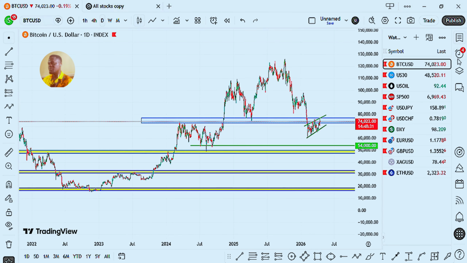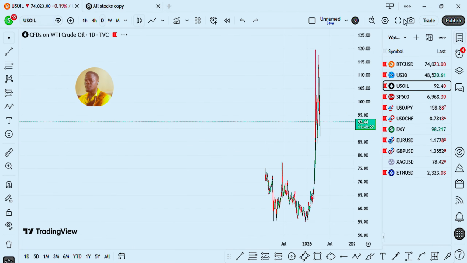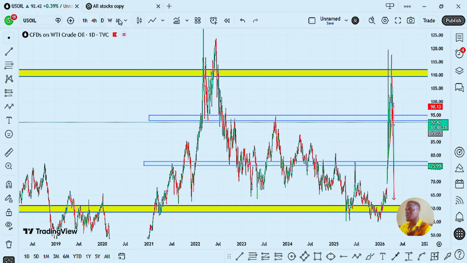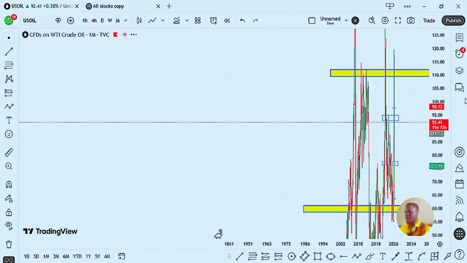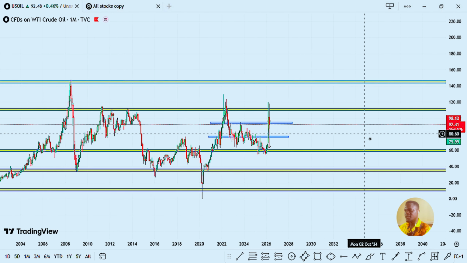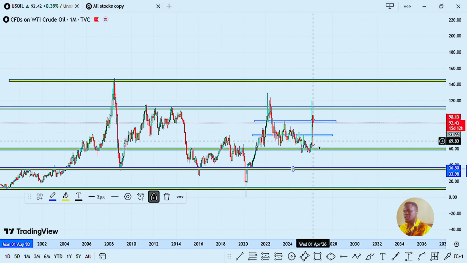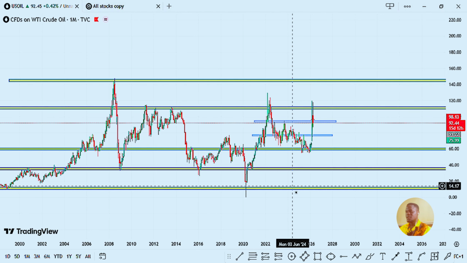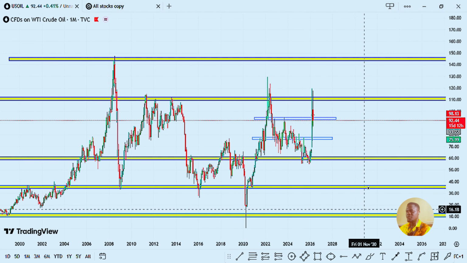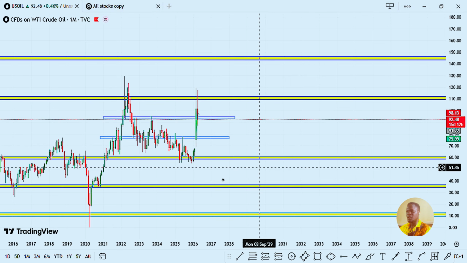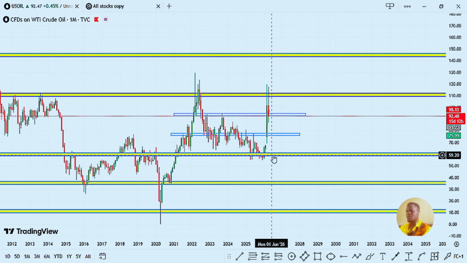The other pair I also want to talk about is US oil. US oil did some crazy pullback during the US and Iran conflict. US oil made some correction from this institutional level of $60.